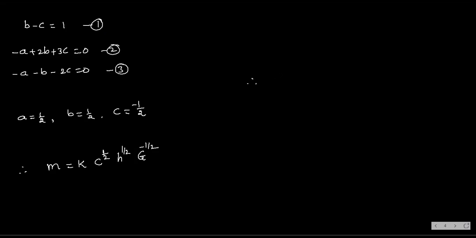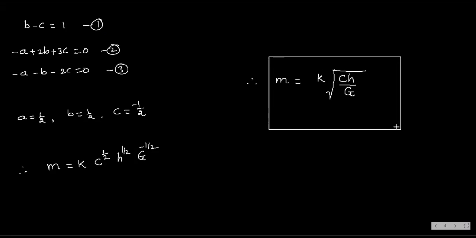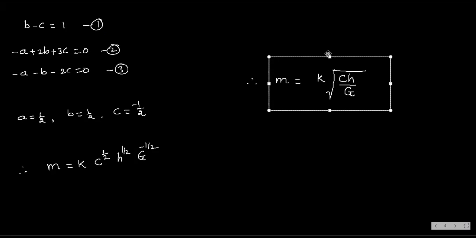So if we rewrite this, we can write K root CH divided by G. This is the formula for mass if we have chosen as fundamental physical quantities C as the velocity of light, H as Planck's constant, and G as the gravitational constant.